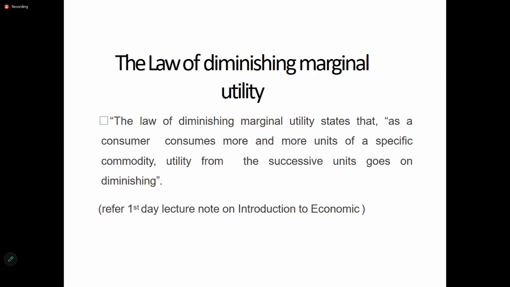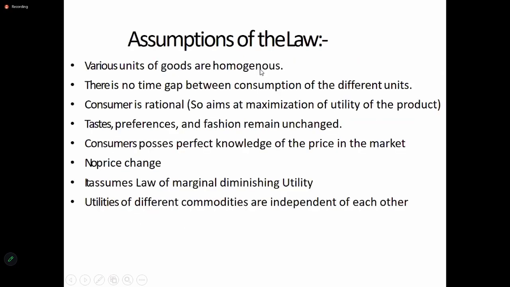Understood. Okay, thank you. So this is again, as I just pointed out, the law of diminishing marginal utility. Please refer to the first day lectures. There are assumptions in the law. We discussed that day that various units of goods are homogeneous, not heterogeneous with different characteristics.